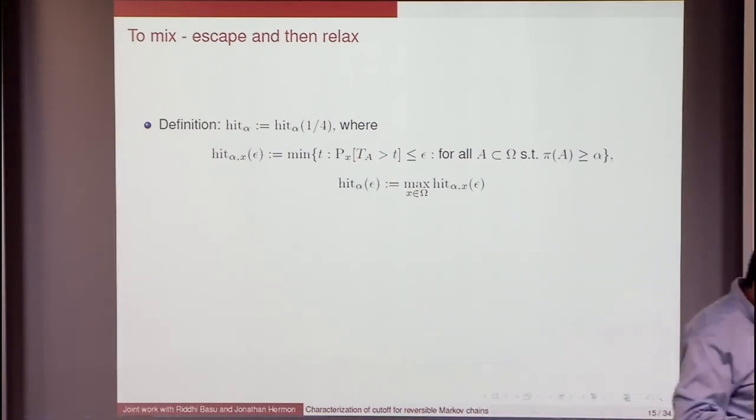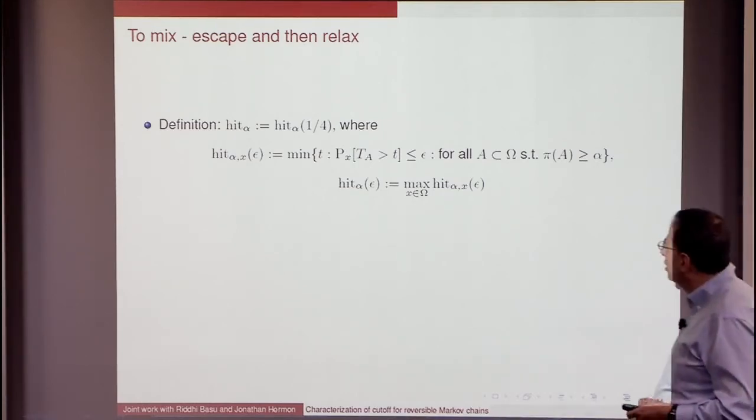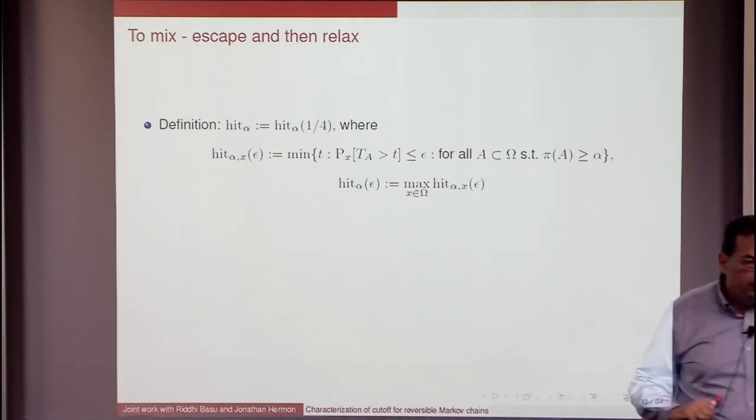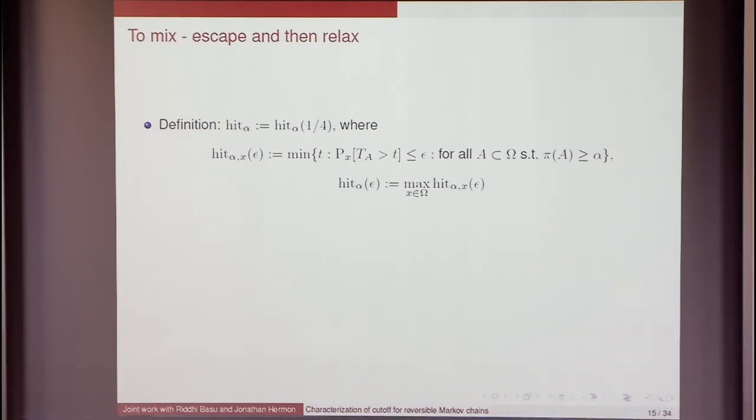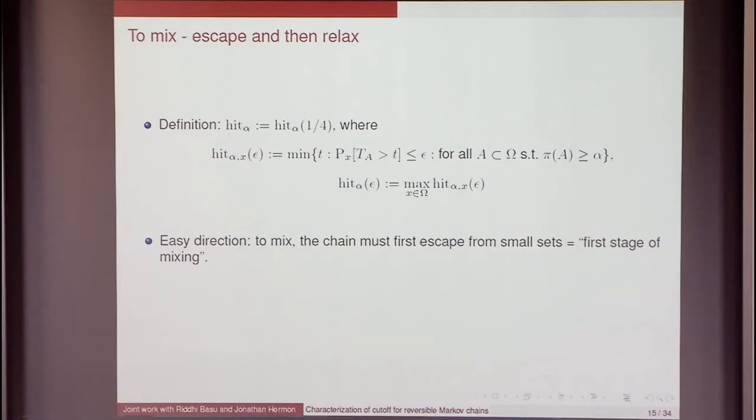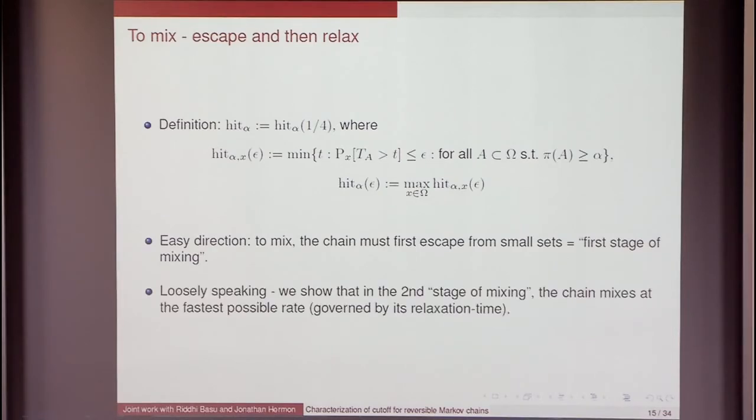Instead of measuring distance in total variation, we're measuring the probability we haven't hit this large set. And we're maximizing over the starting point and over the target set, as long as it's a big target.